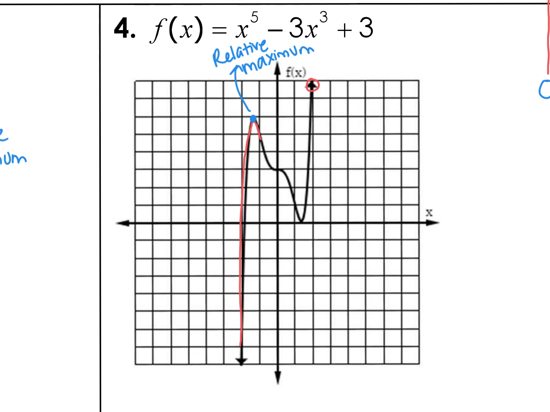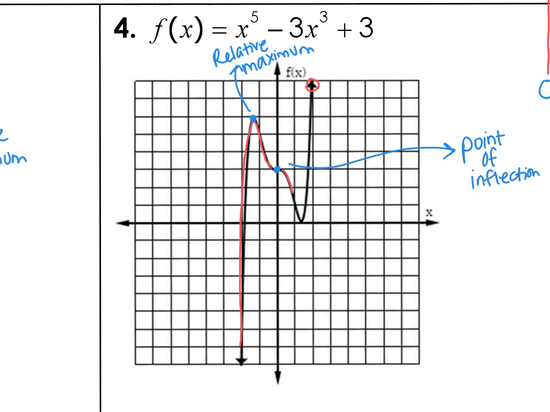All right, now I'm going down, and it looks like I'm now at a point here where I'm not changing direction because I continue to move down. However, I am changing the shape of the graph. So this is what we call a point of inflection.